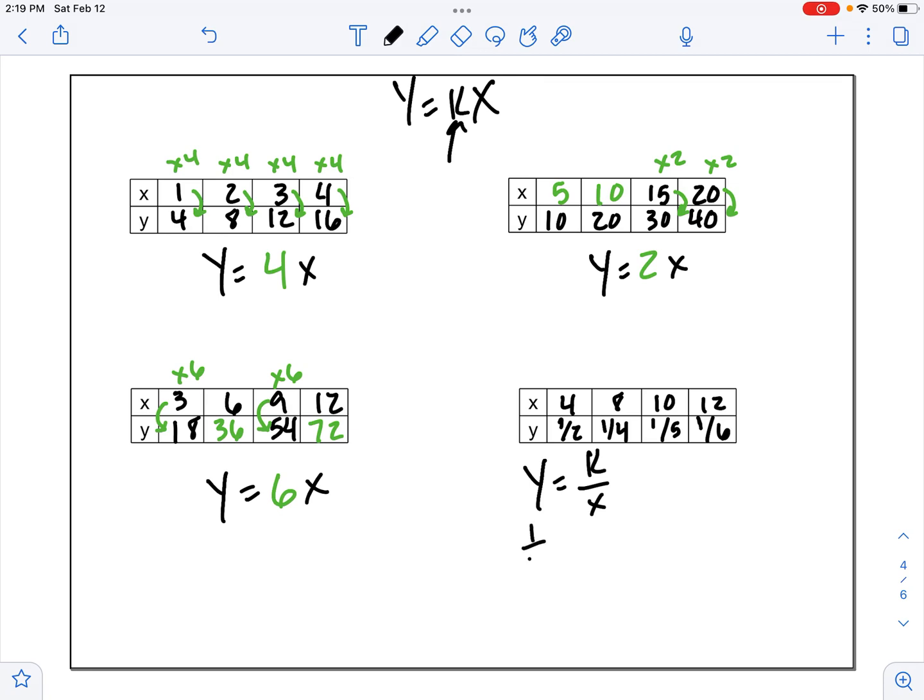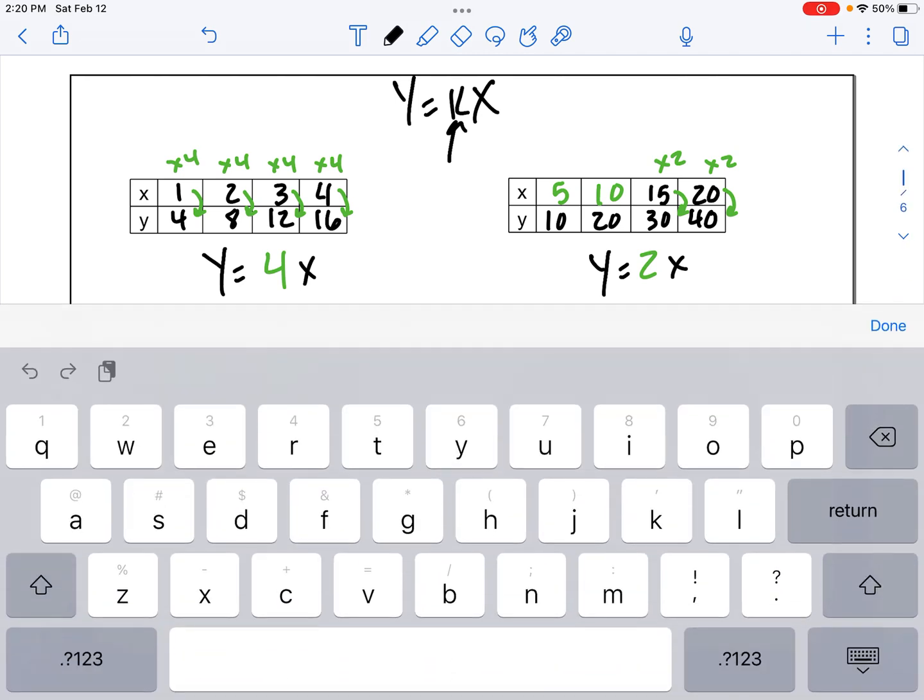If I had my y value is 1/2 and my x value is 4, well, they're really just equal fractions at this point. So what number does k have to be to make it an equivalent fraction to 1/2? Well, it has to be 2. So let's see if that stays consistent for each one.